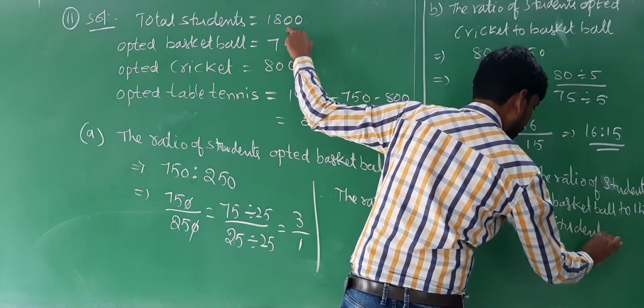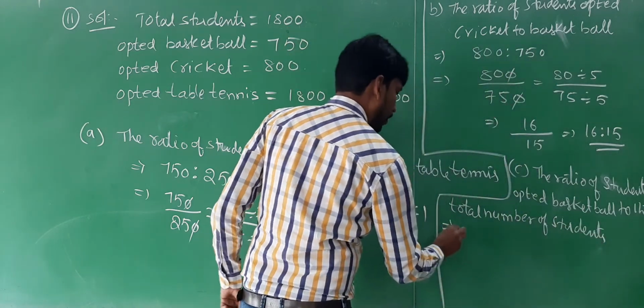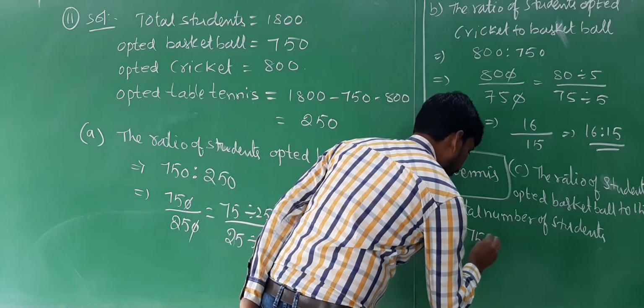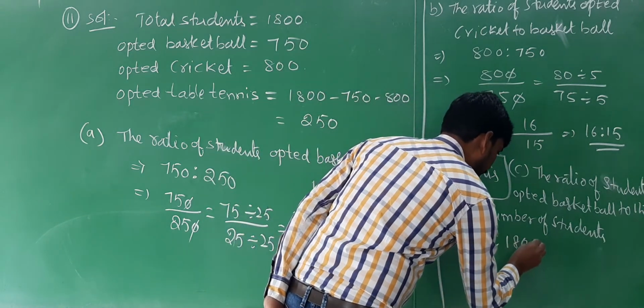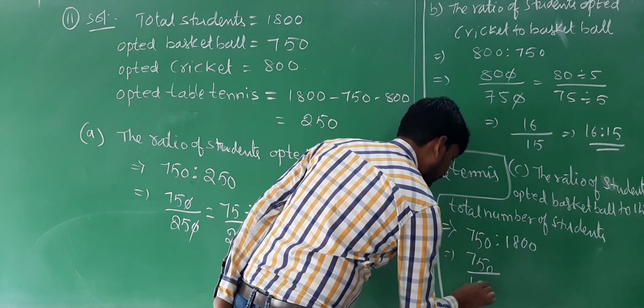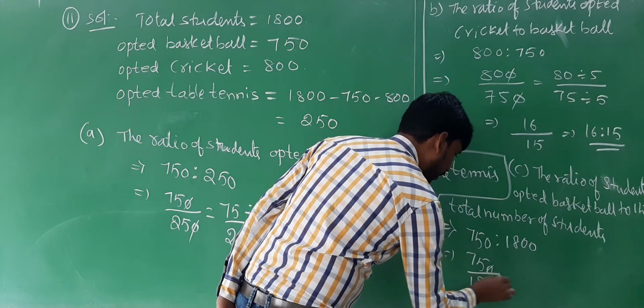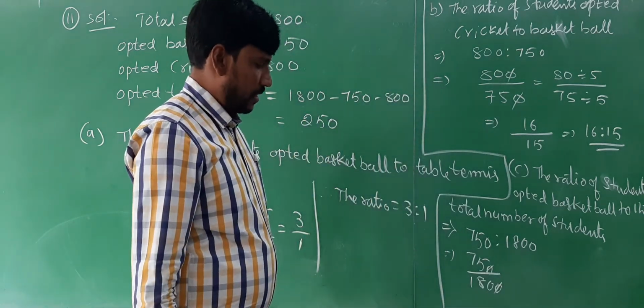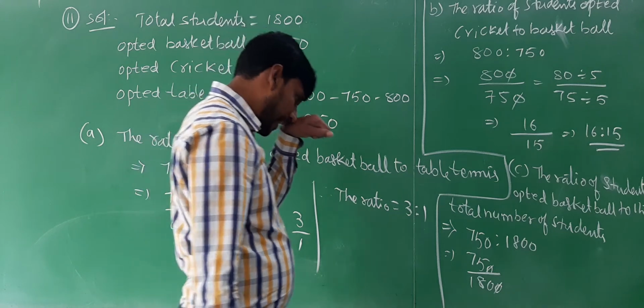So here, basketball is how many? 750 is to 1,800. Right, children? Which implies 750 divided by 1,800. The zero will be cancelled, and divide with, is it possible with 5 table?